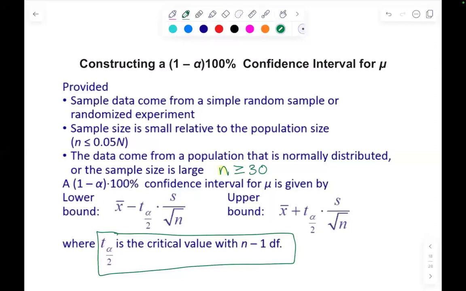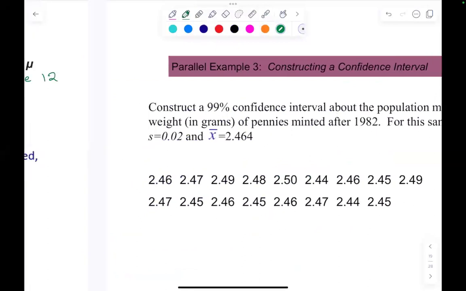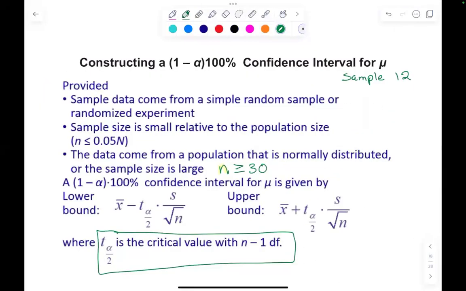So for example, let's say I took a sample, I'm going to write it up here. I took a sample of 12, and I'm looking for a 95% confidence interval. So I subtract 0.95 from 1, get 0.05. 0.05 divided by 2 is 0.025.